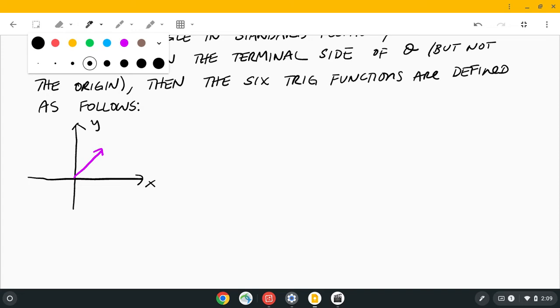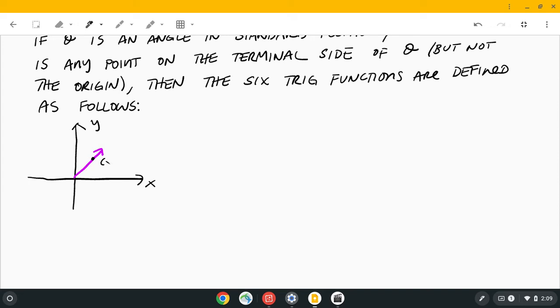So what happens is we can take any point on the terminal side there, and we will call that point xy. And then we know that this distance from the origin to that point xy is some distance r. Okay? And so here we have our theta.